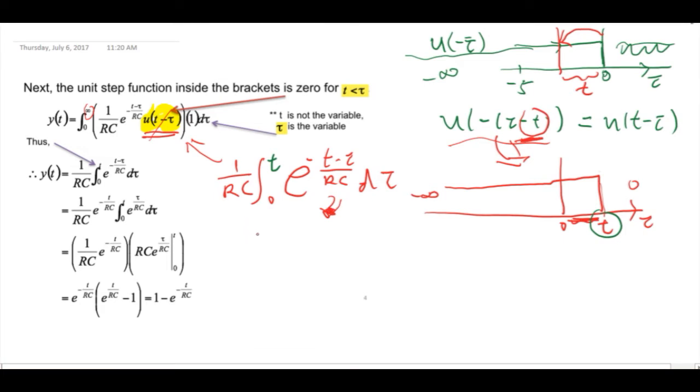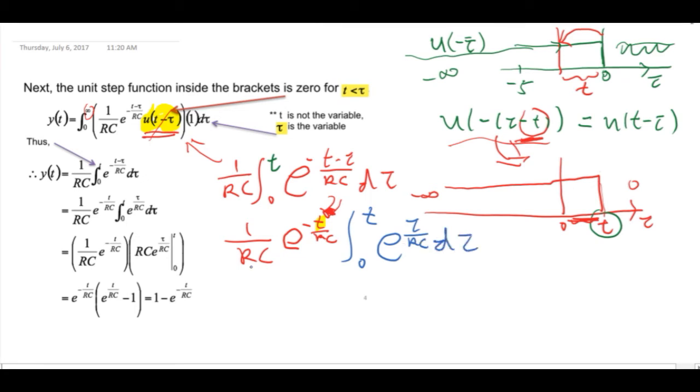We have 1 over RC e to the minus t over RC, because t is not a variable. Then we integrate from 0 to t e to the power tau over RC d tau.